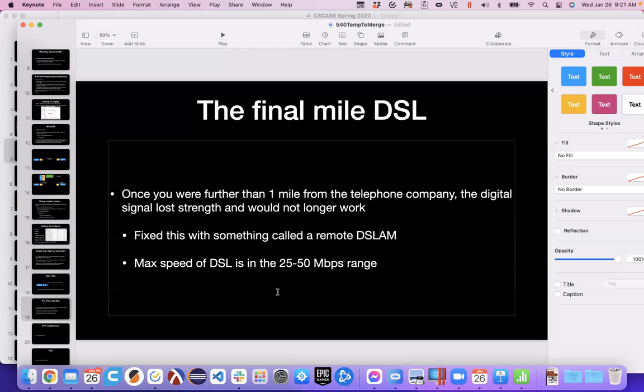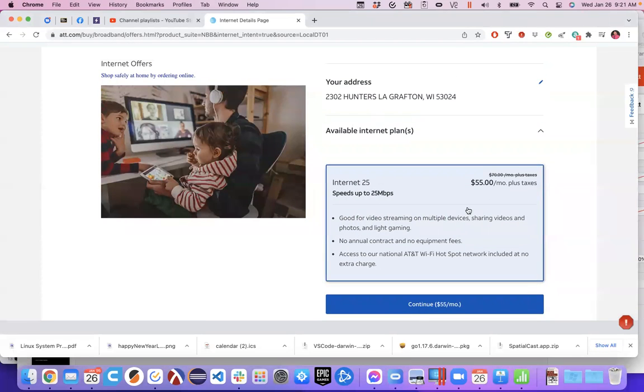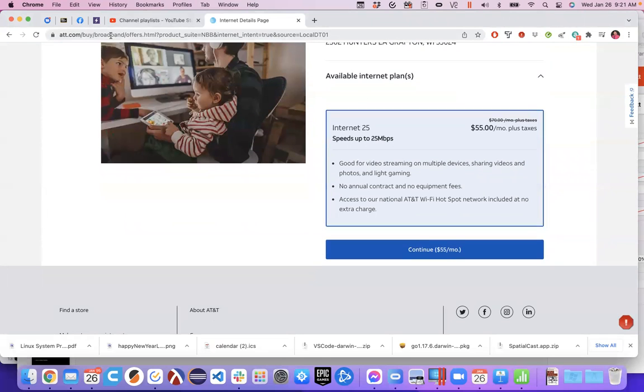Now, we saw the other day that the budget pleaser starting rate for Spectrum, which is cable modem, was 200, 8 times the speed for a pretty similar price. So 25 megabits, I would get $55 a month.